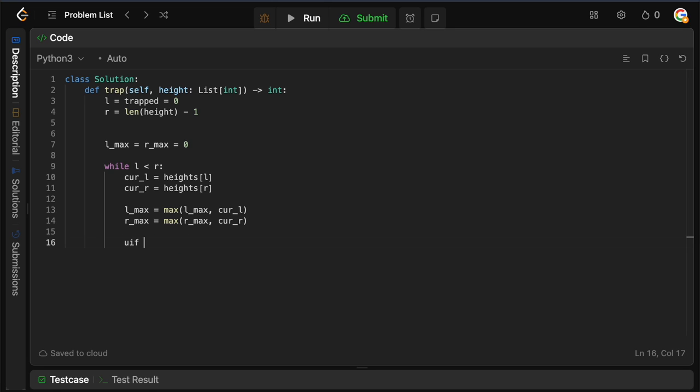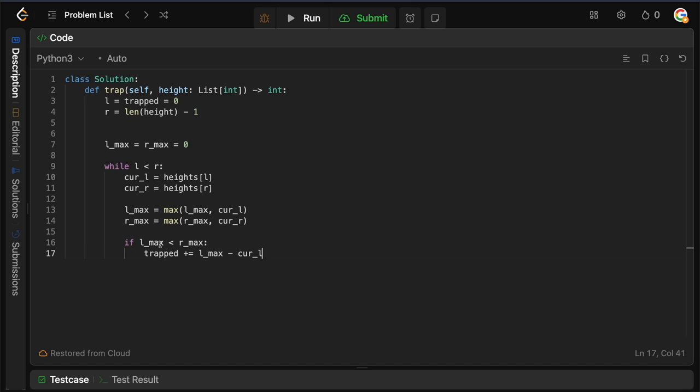So we're going to say if the left maximum is actually less than the right maximum, then we're going to add to our trapped the left maximum minus the current left position.